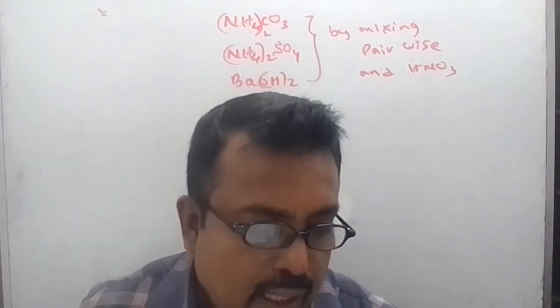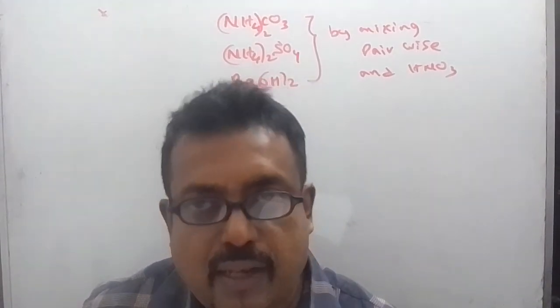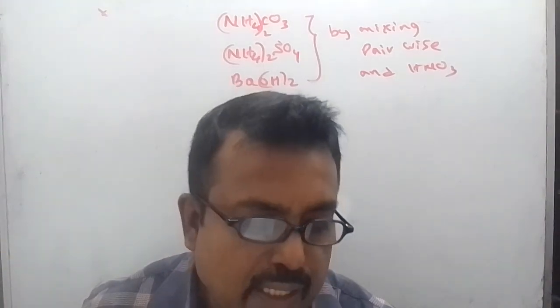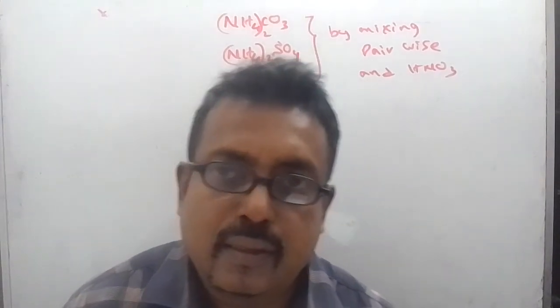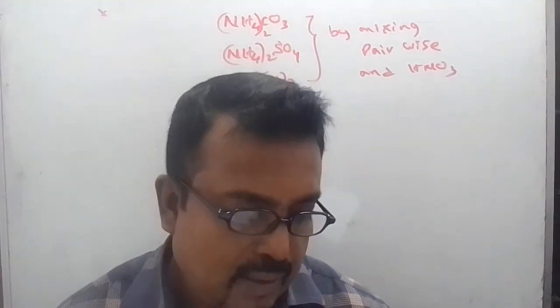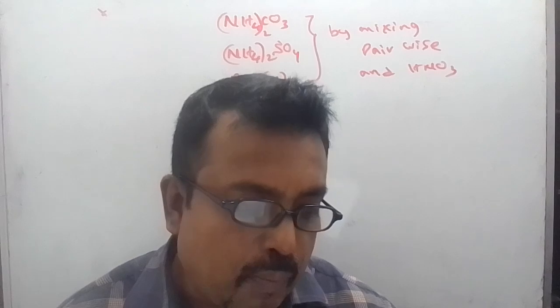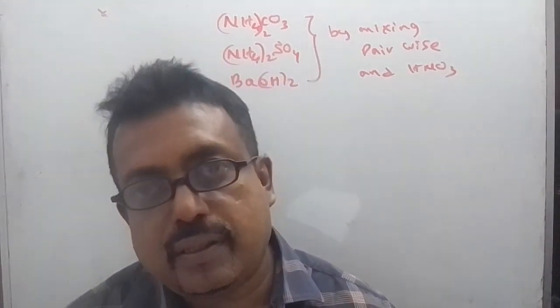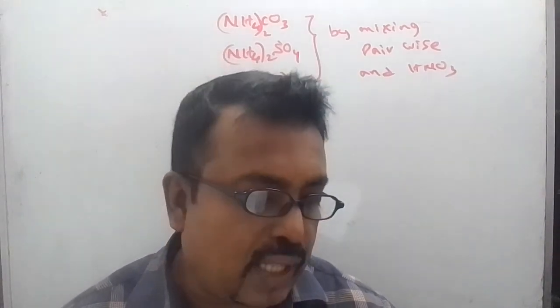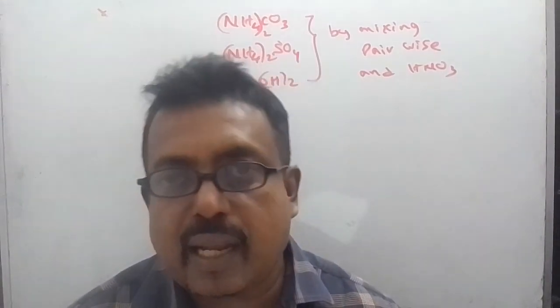As example, barium hydroxide and ammonium sulfate, barium hydroxide and ammonium carbonate. You can simply think that when you put barium hydroxide into the ammonium sulfate, ammonia evolved. That is the same reaction for the ammonium carbonate. Again ammonia evolved.